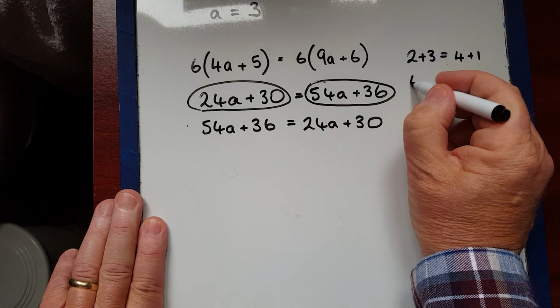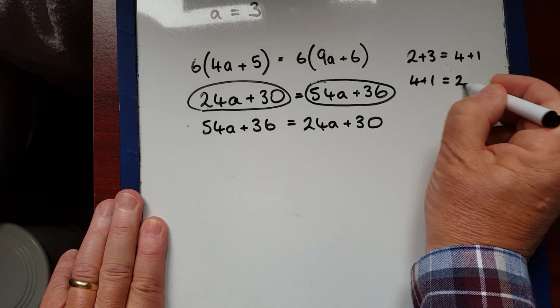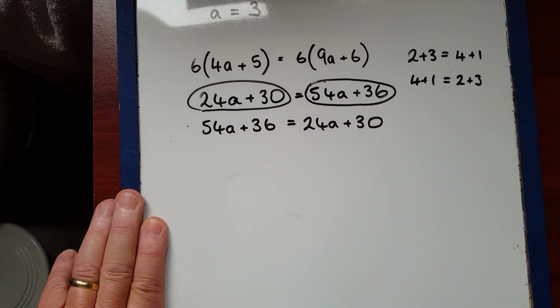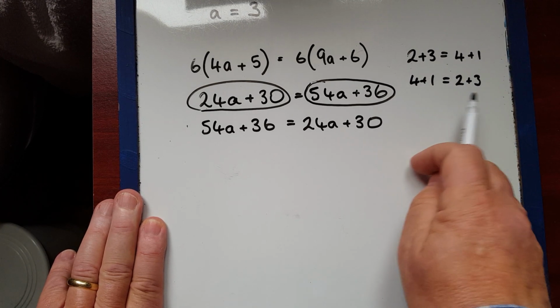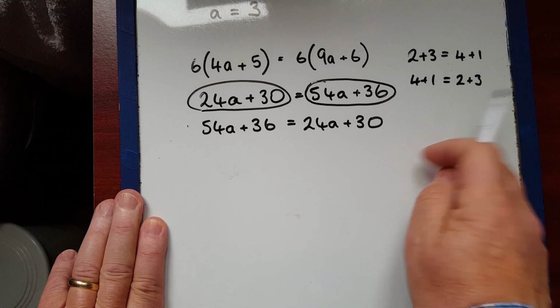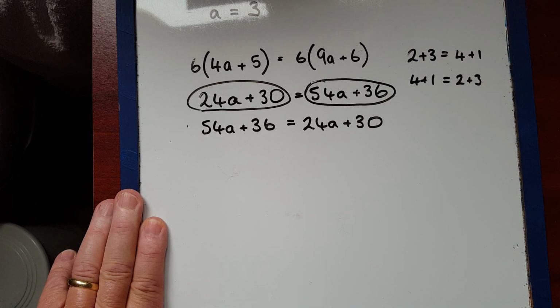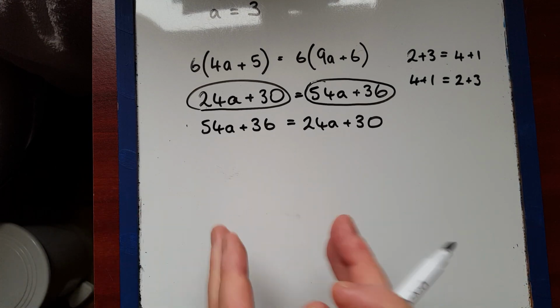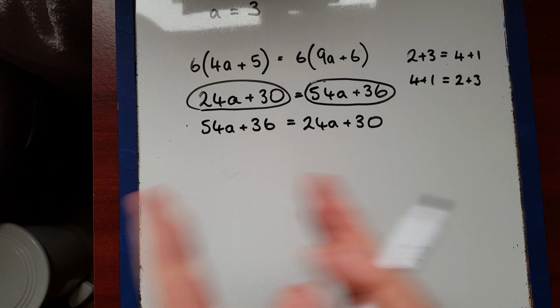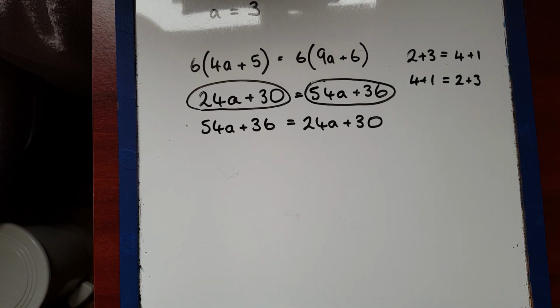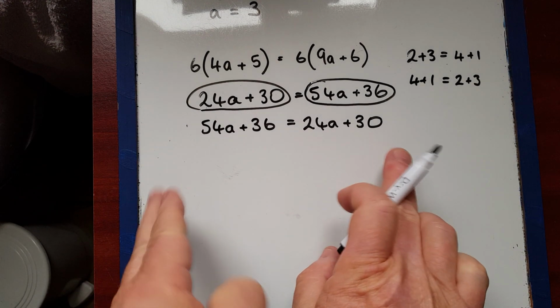If I wanted to switch that around so that they both still make 5, I wouldn't be making anything negative there, because I haven't altered the entire package of what's on each side of the equals sign. It's only when we start moving bits away from one side to the other that we have to start messing around with signs. Okay, so that's why I've just flipped it.